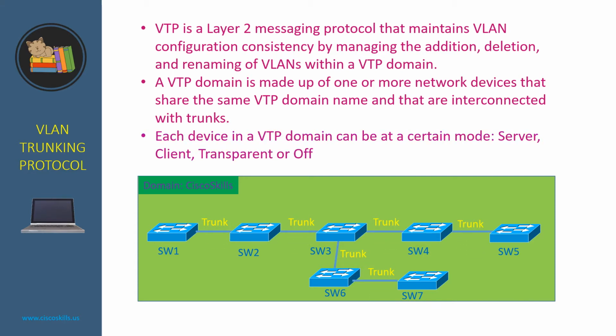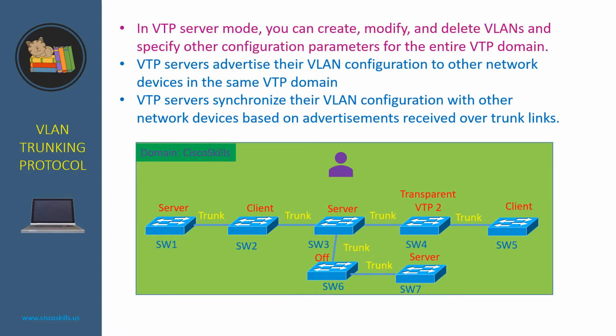Each device in a VTP domain can be in a certain mode: server, client, transparent, or off. In VTP server mode, you can create, modify, and delete VLANs and specify other configuration parameters for the entire VTP domain.